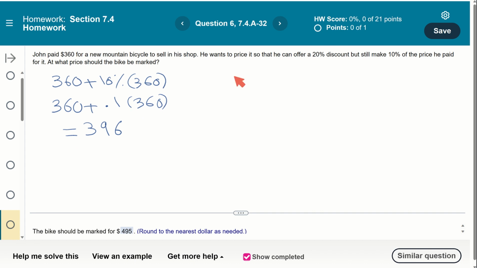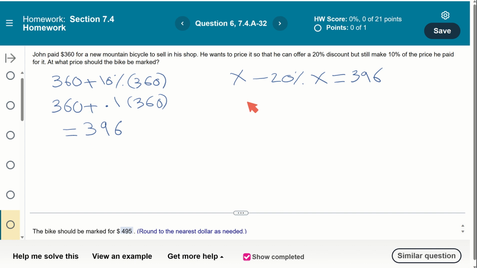So whatever price, we don't know what price he should sell, so let's just call it X, right? We want to make sure that when that is reduced by 20%, so minus 20% of X, to be equal to this amount, right? So whatever price it is, if you mark it down 20%, you still want to make this much, right? So that's where we're going to get our results.